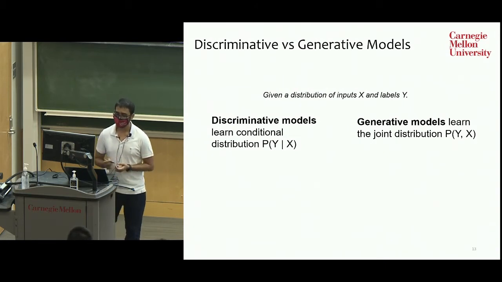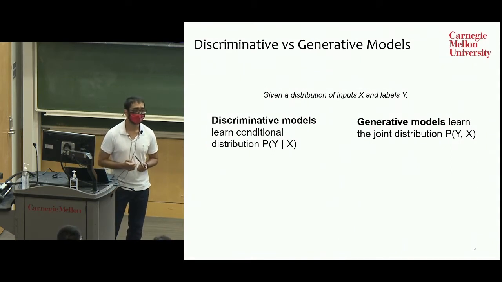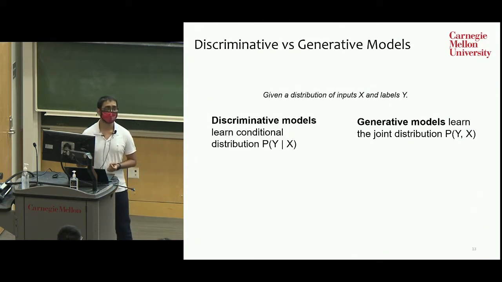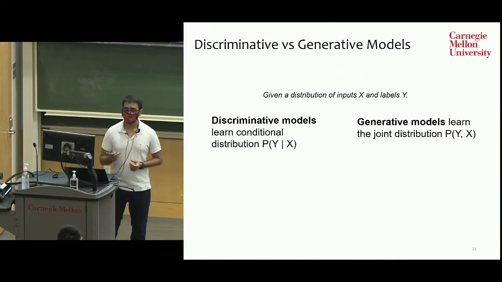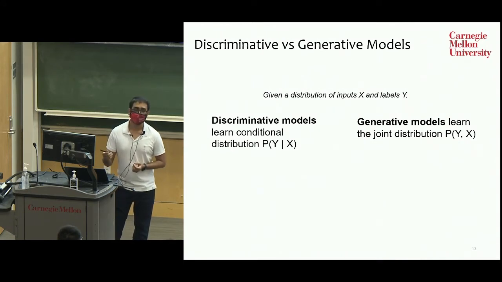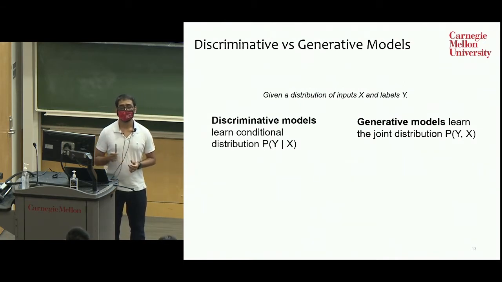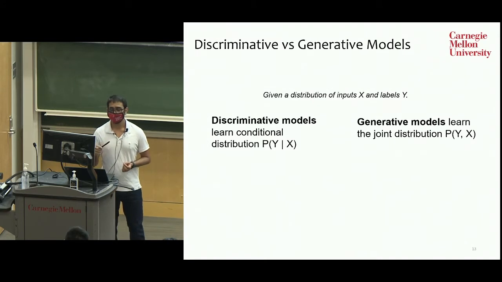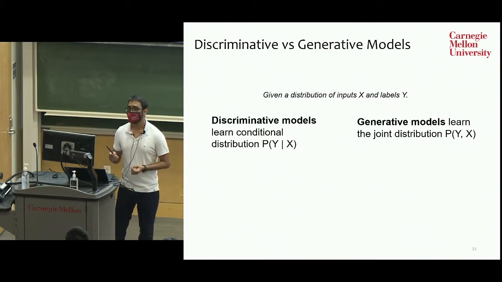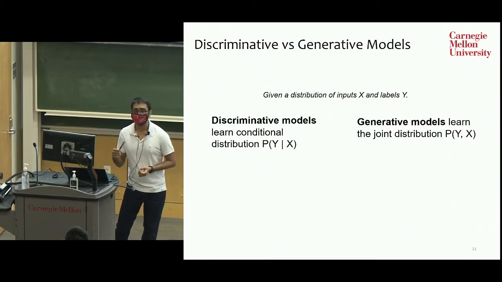But in a generative model, you are trying to learn the joint distribution, meaning you're learning the distribution of both x and y together. When you learn a joint distribution, you can go not just from x to y, but also from y to x.